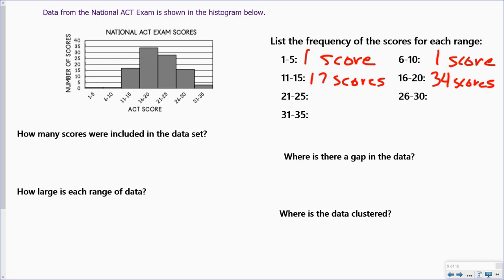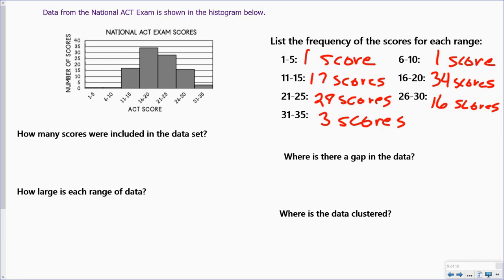From 21 to 25, looks like there are 28 scores. From 26 to 30, looks like there are 16 scores. And from 31 to 35, it looks like there are 3 scores.